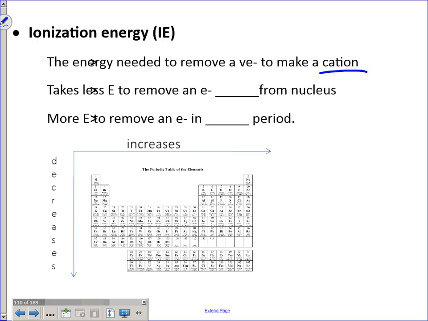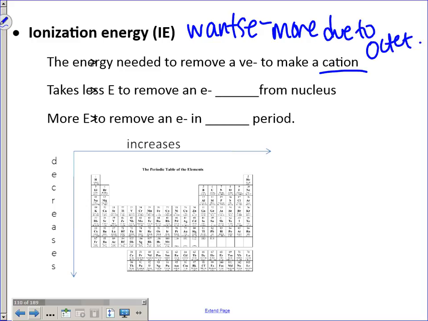He's like, I like brownies, not cookies. How much energy is it going to take for me to grab that cookie from him? Not much, because he's going to be like, you can have it. Those are representing electrons, right? What I'm actually saying is that one of them wants electrons more due to octet, meaning its proximity to octet.